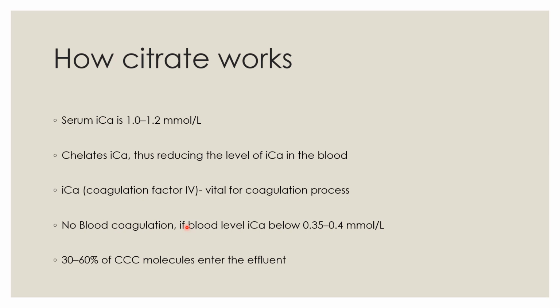Due to different CRRT modes and therapeutic dosage, about 30 to 60% of the citrate calcium complex molecules will enter the effluent through the permeable membrane. The citrate calcium complex, which is not removed via the hemofilter, enters the systemic circulation and is first metabolized rapidly into citric acid in body cells.